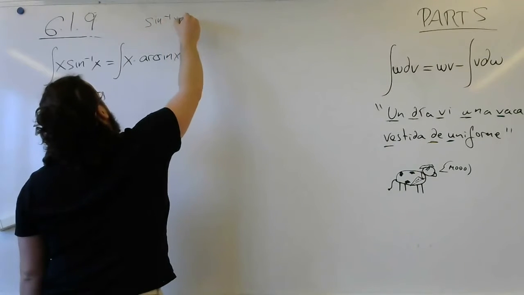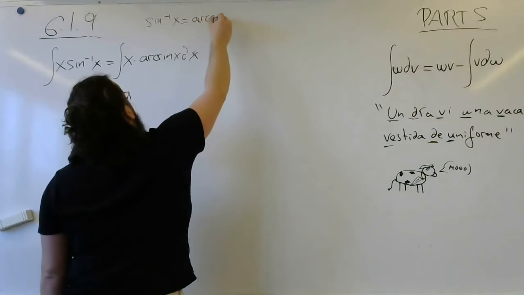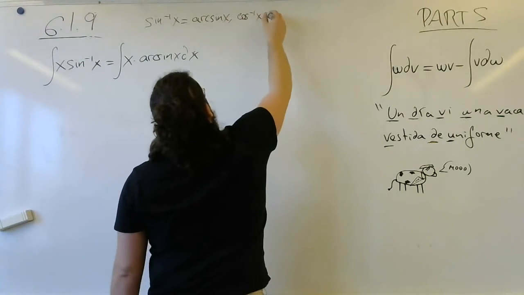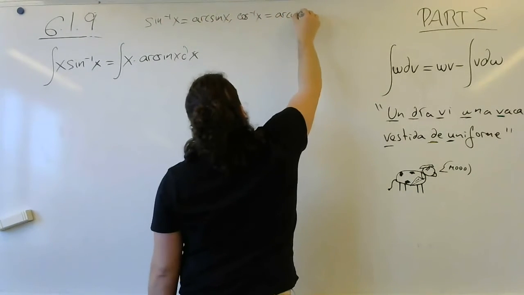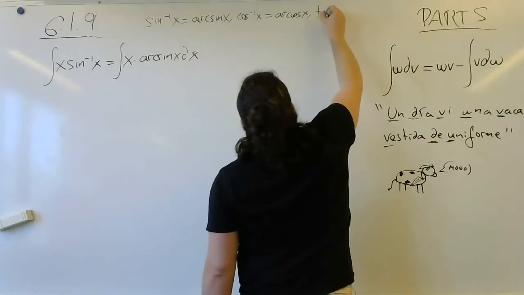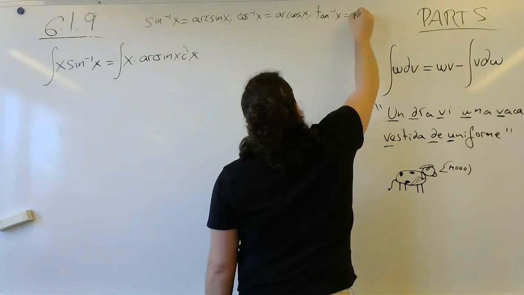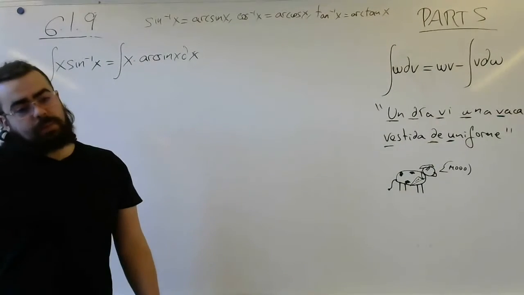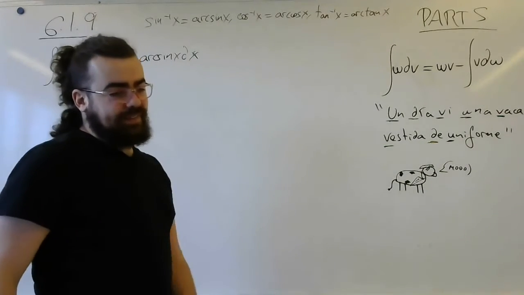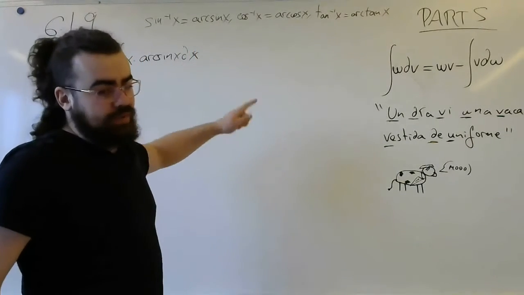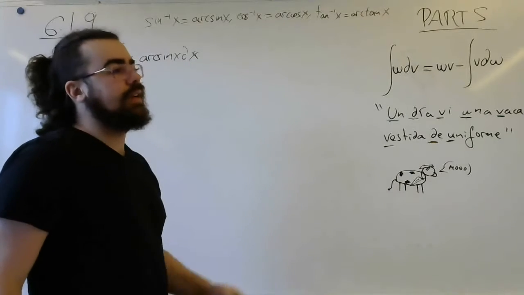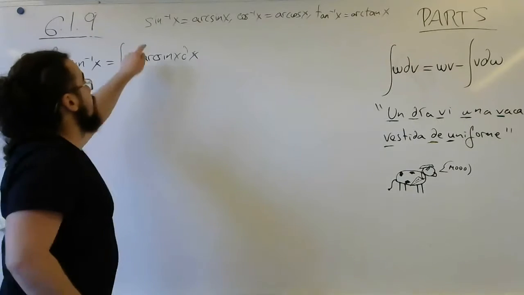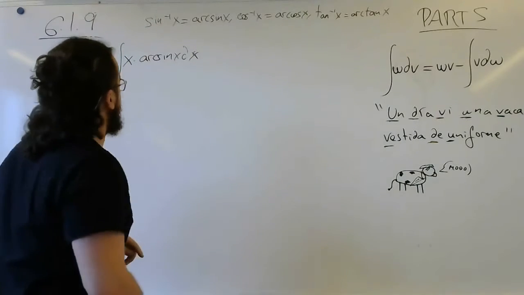The inverse function of the sine. Many problems may appear if you take these things as 1 over the sine, 1 over the cosine, 1 over the tangent. Please don't. Just remember that we are talking about the inverse function, not 1 over the function.